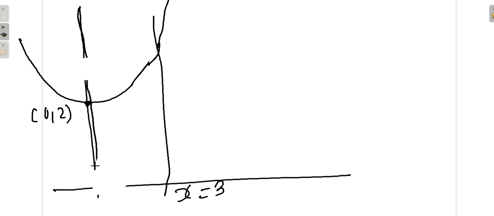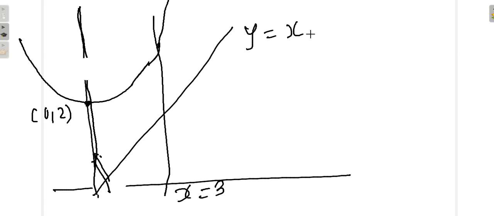And this is y equal to x. So this is the region you want to find.